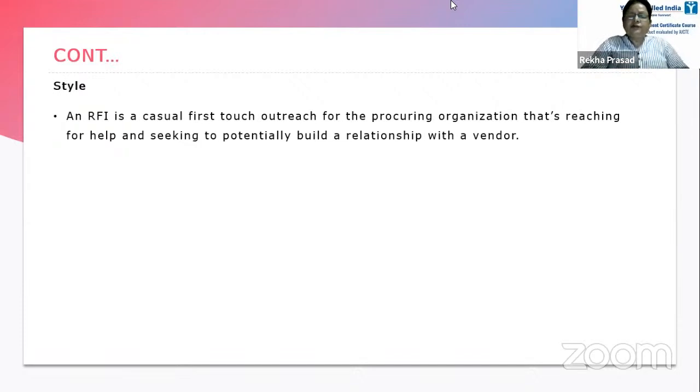So as I told you, this is the first reach for the procuring organization, reaching for help and seeking to potentially build a relationship with a vendor or supplier. It is just the same thing. Sometimes it is referred to as vendor, sometimes as supplier.